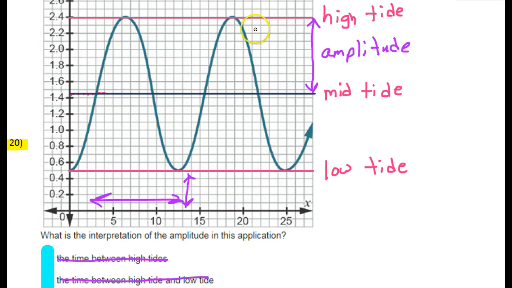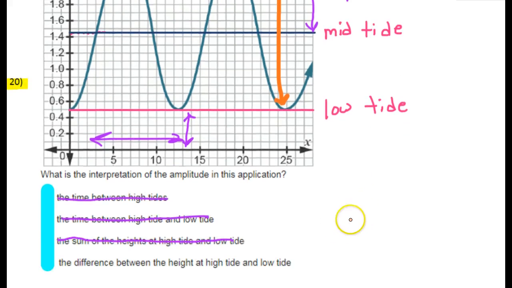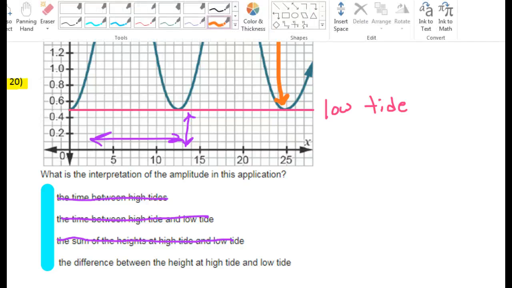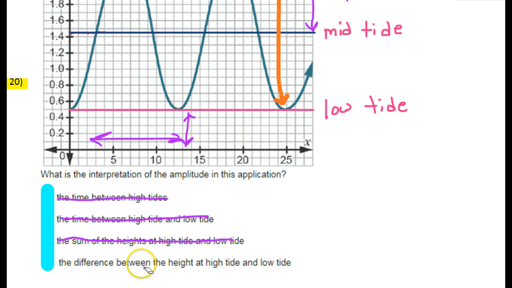My understanding would be that the difference in height between high tide and low tide would be all the way, and that's not the amplitude. The amplitude is half that. So I'm going to quibble with this answer a little bit, but from the choices they provided, this is definitely the closest. So that's the best I can do.